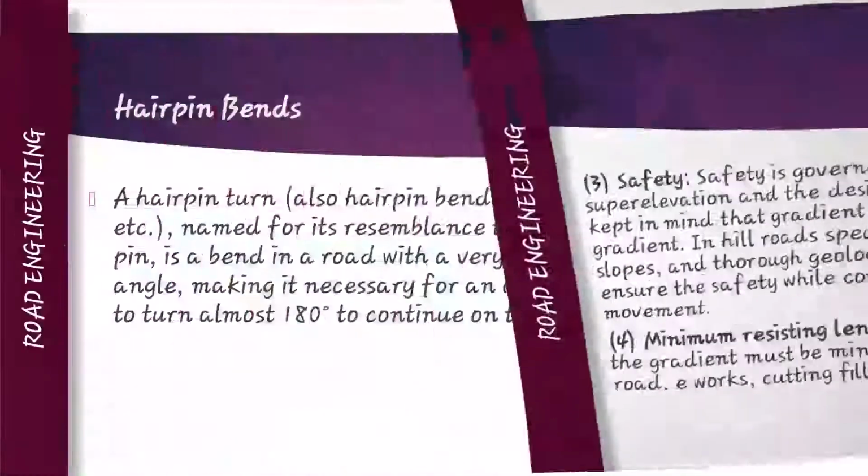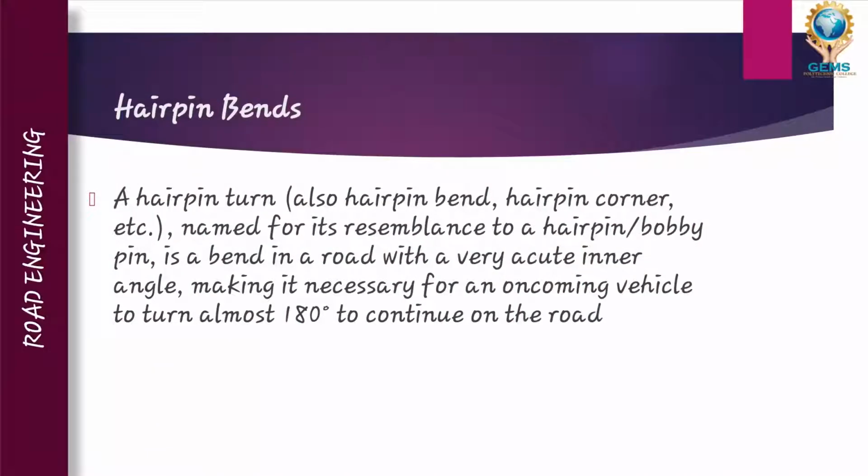Next is hairpin bends. A hairpin bend is a hairpin turn named for its resemblance to a hairpin. Like a bobby pin, it is a bend in a road with a very acute inner edge angle, making it necessary for oncoming vehicles to turn almost 180 degrees to continue on the road.